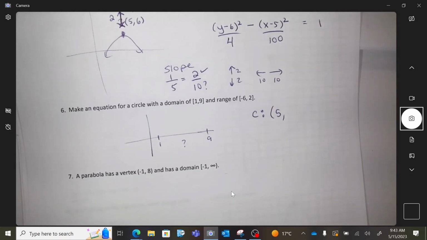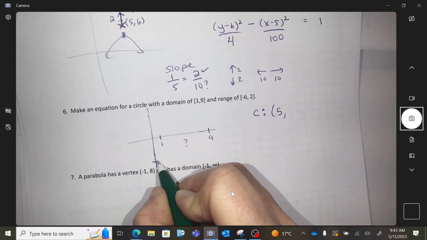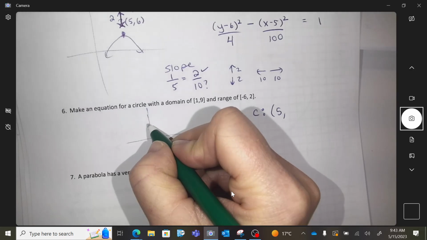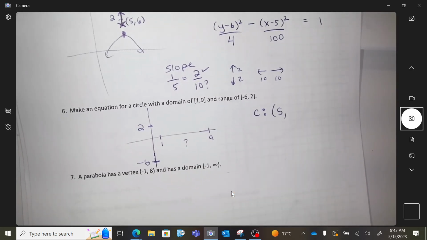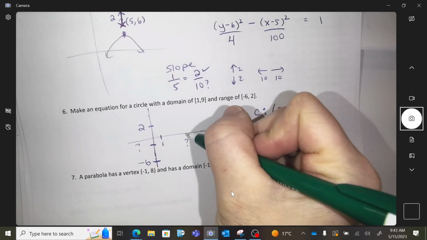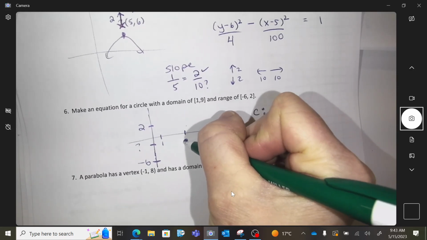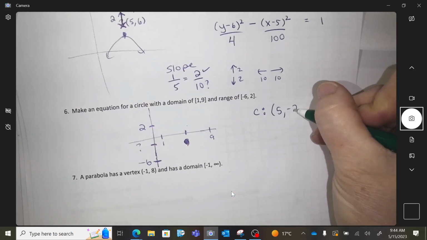Would be 5 would be in the middle of that? And in the range, we went from a -6 to a 2. So what's in the middle of that? -6 to 2. What's in the middle? -2, right?